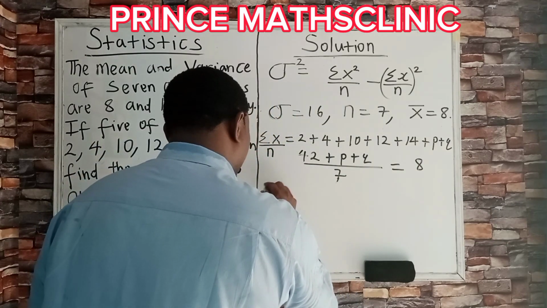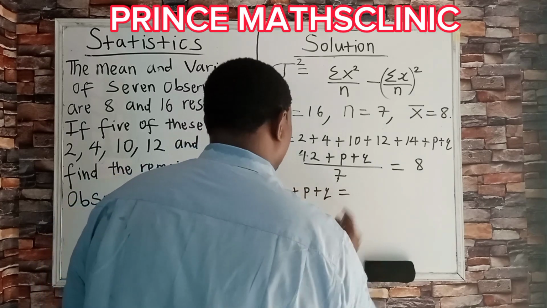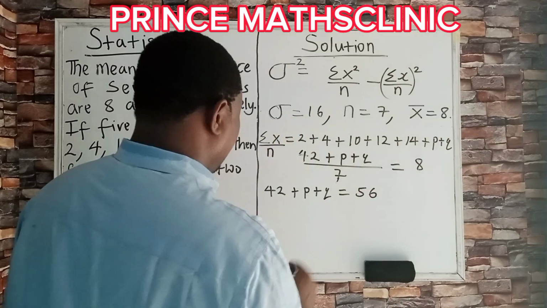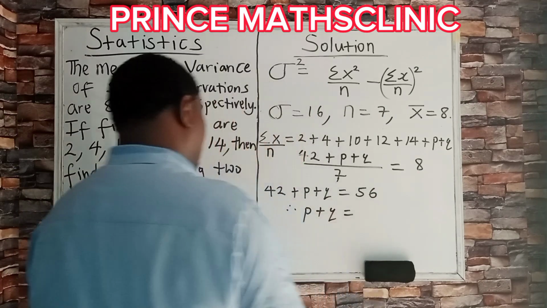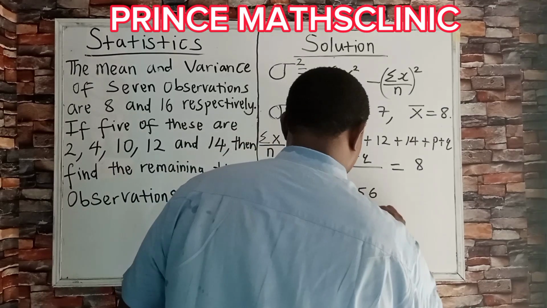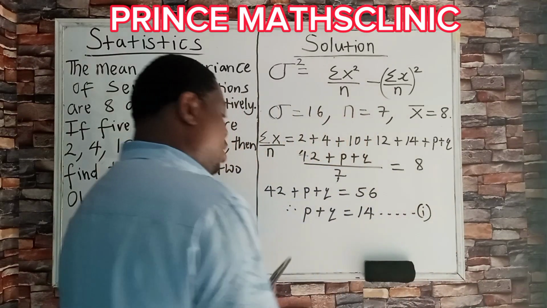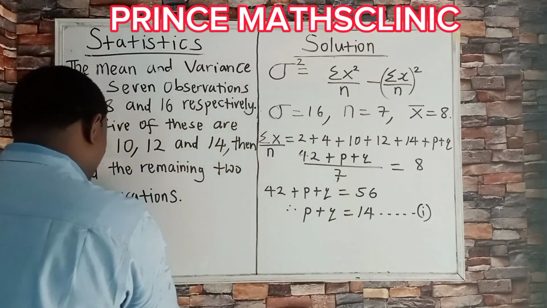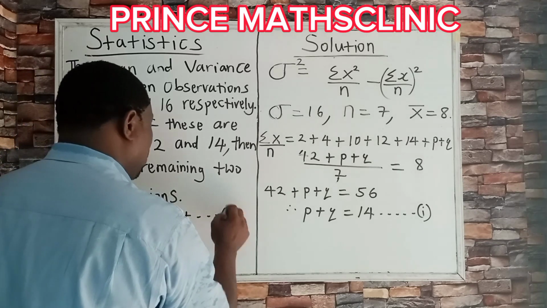I will have 42 plus P plus Q equals 7 times 8, which is 56. Therefore, my P plus Q will now be 56 minus 42, which will be 14. So P plus Q is 14. This is our first equation. Permit me to write down my P plus Q. Let me record it down here because I will need it. This is my equation 1.